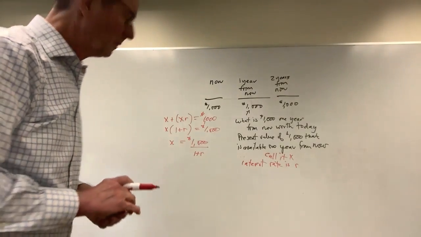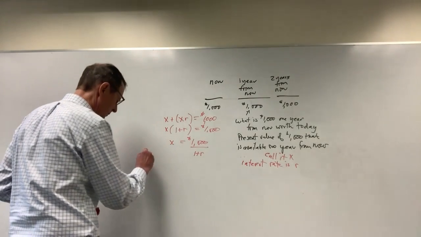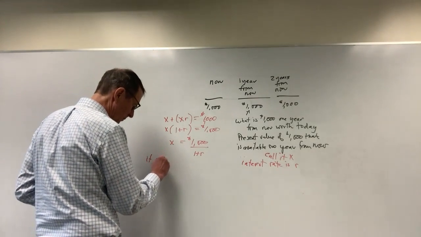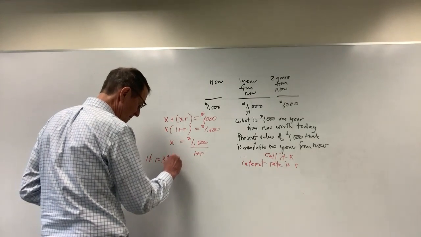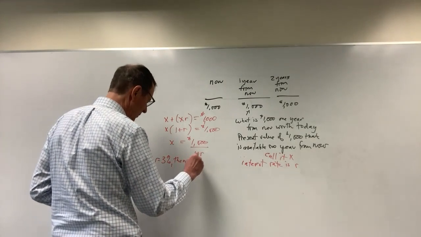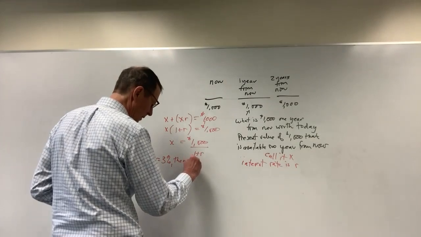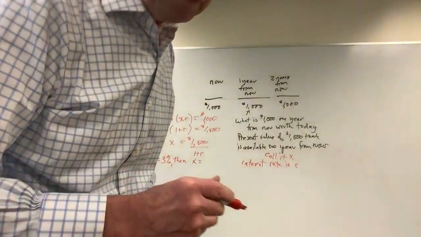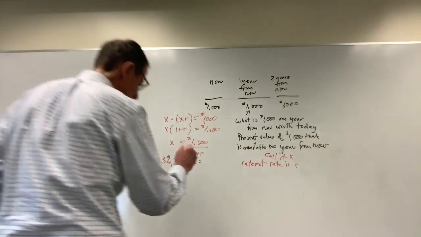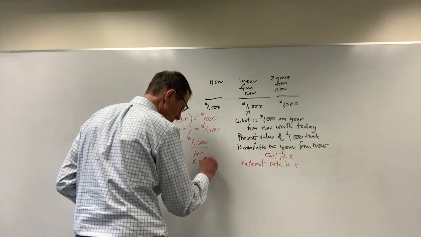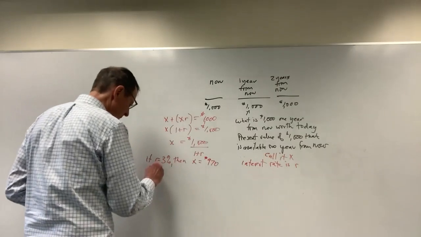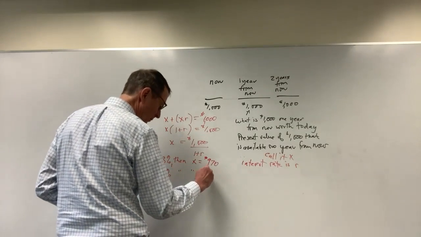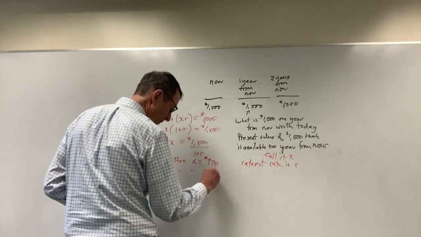And if the interest rate is, say, 3%, then X is 970. If the interest rate is 6%, then X is 943.